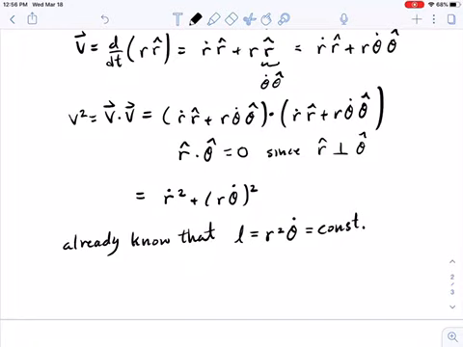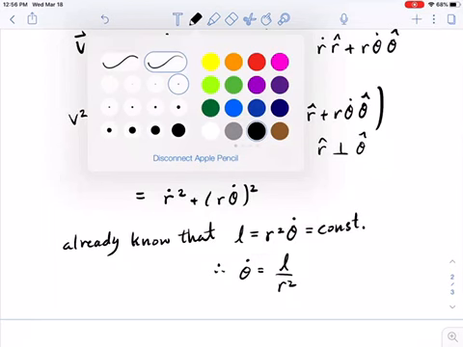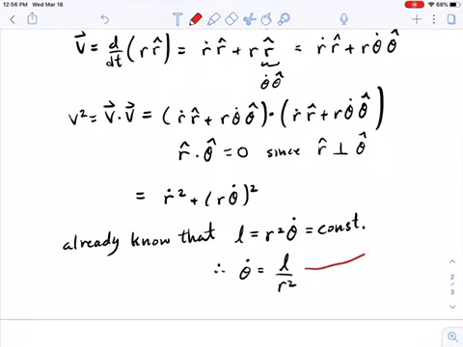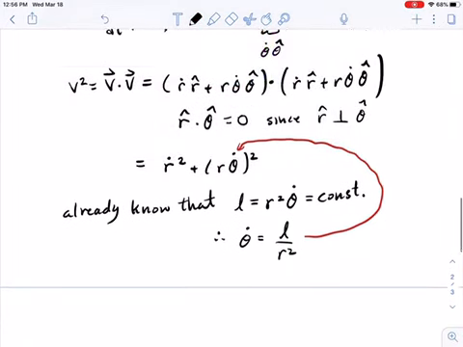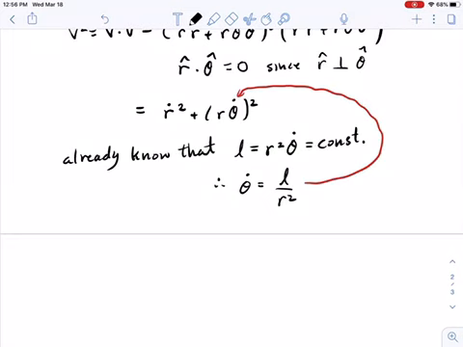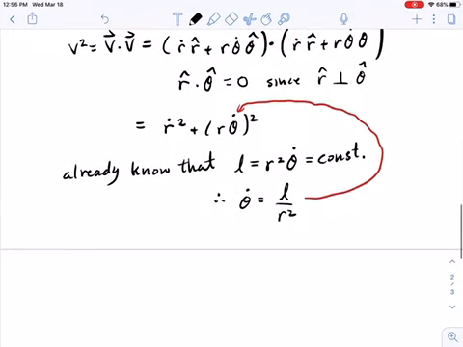So what we could do is we could therefore say theta dot is L over r squared, and we could take that and put that in right there. Okay, so then v squared is going to be equal to r dot squared plus, let's see, r times theta dot is going to be L over r, and then we have to square it, so we'll get L squared over r squared.